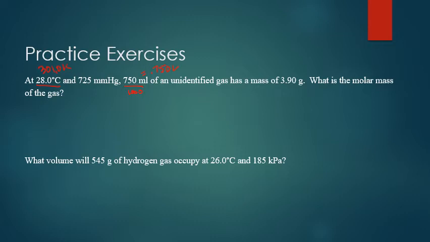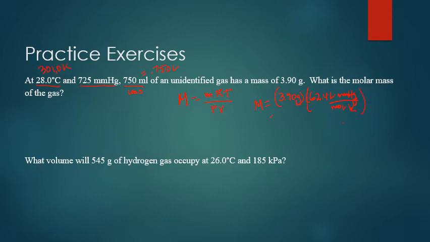So as we set up our problem here, again, I'm solving for molar mass, so I'm looking for M. So I would take the little m times RT divided by P and V. So my molar mass would be equal to 3.90 grams. In this case, because I have the 725 millimeters of mercury, the R value that I will use will be the 62.4 liters times the millimeters of mercury per mole Kelvin.